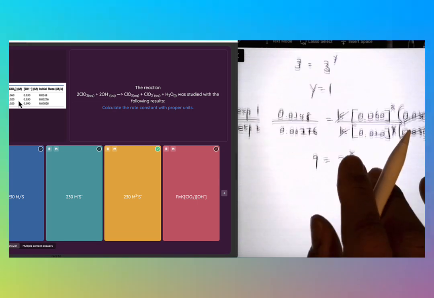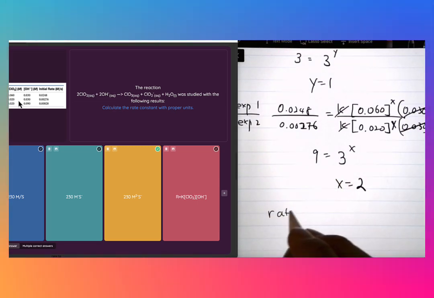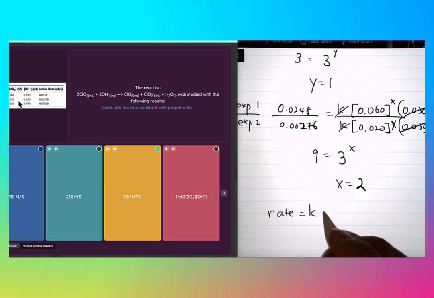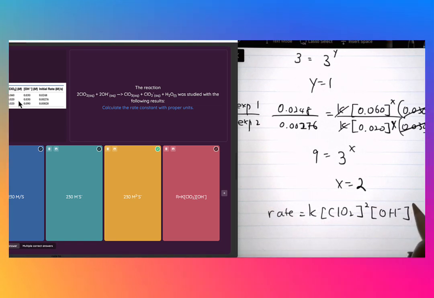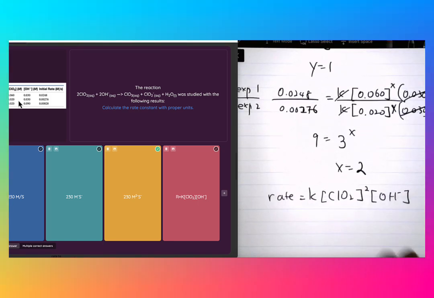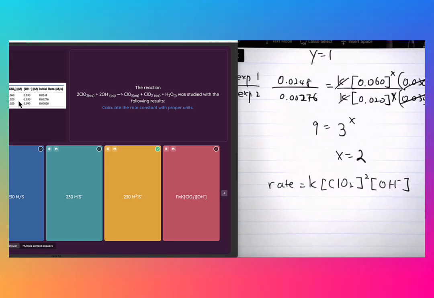So if I rewrite our rate law, rate is equal to K, concentration of ClO2 to the power of 2, and the concentration of hydroxide to the power of 1, but we don't need to write 1 on top. So now our ultimate goal is to find the rate constant.